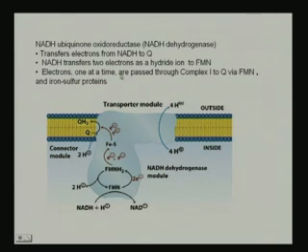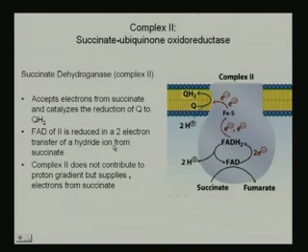Electrons, one at a time, are passed through complex 1 to ubiquinone via FMN and iron sulfur protein, and in this way the function of complex 1 is completed. Now, this electron has come up to ubiquinone, and ubiquinone is converted to ubiquinol, that is, Q becomes QH2.